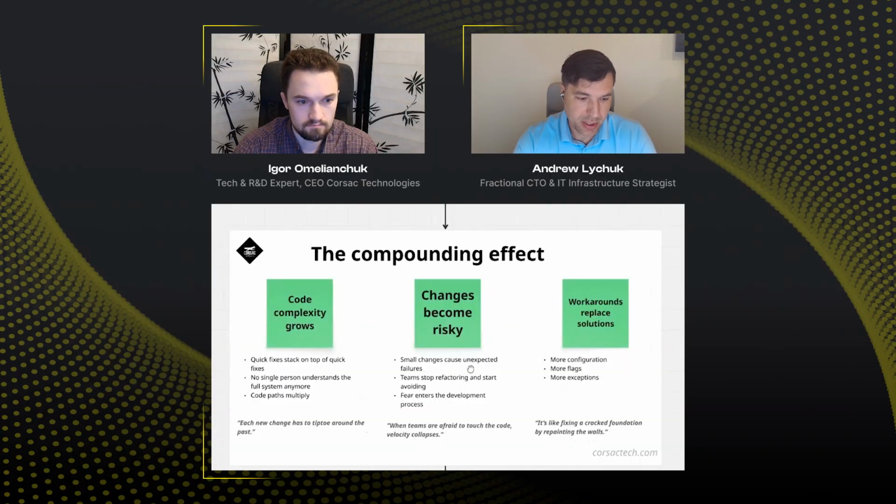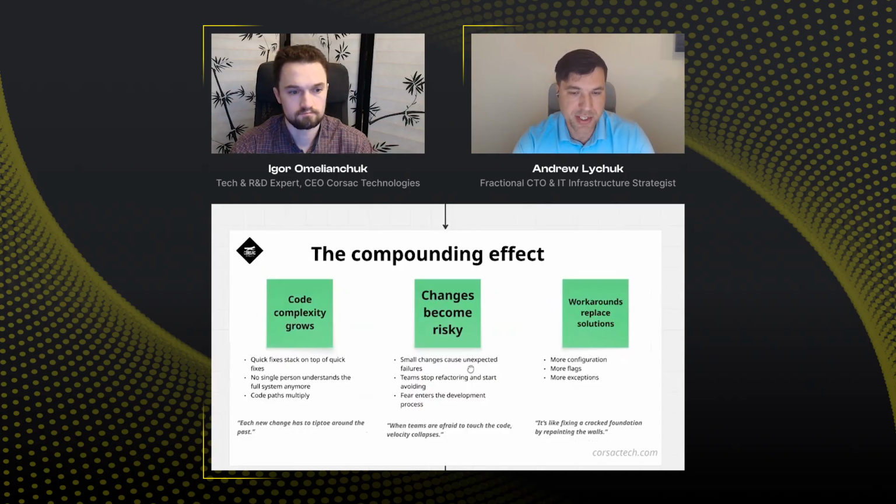So let's talk about the compound effect of technical debt. We just touched on how technical debt is created. When the complexity of the code grows, quick fixes are stacked on other quick fixes. No single person understands the full system anymore. Code paths multiply, and each new change has to tiptoe around the past. At this moment, changes become risky.